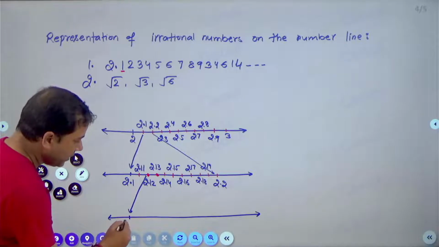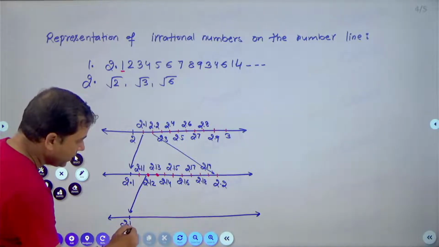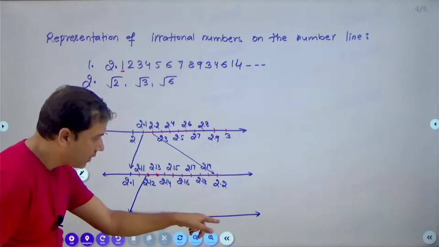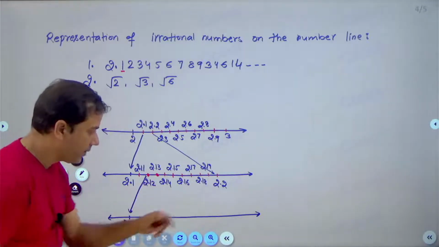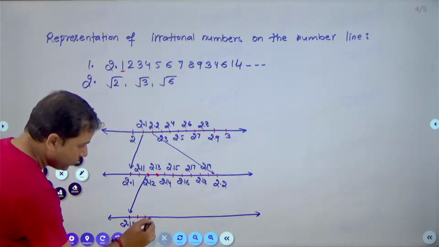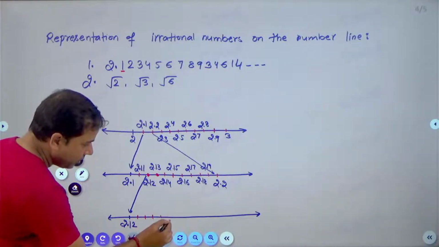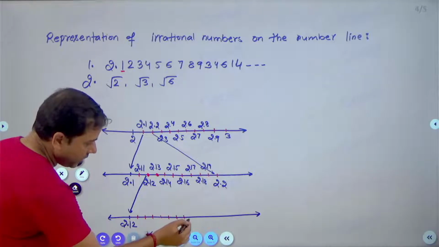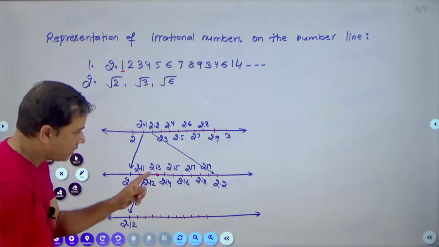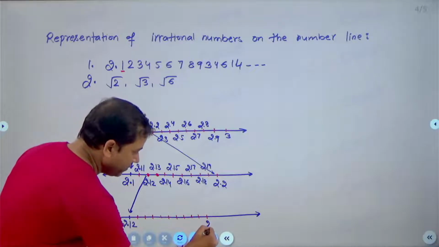So this is 2.12, and then I will take again 10 parts, and the 10th one, the last one, will be 2.13. Before that, I'll make the parts 1, 2, 3, 4, 5, 6, 7, 8, 9, 10. And the 10th one is going to be 2.13.